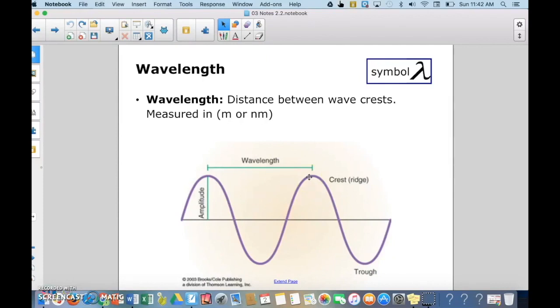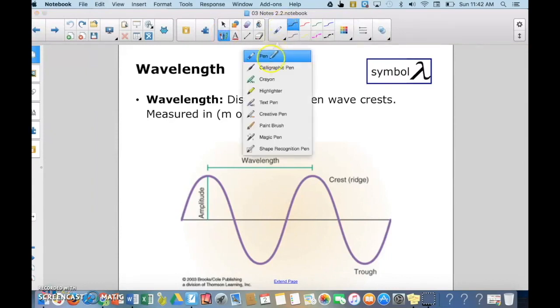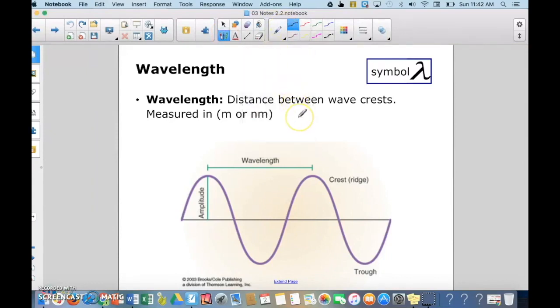As we have seen before, when we're measuring length, we need to use units that are appropriate for length. In this case, they are going to be meters or nanometers. If we talk about nanometers, it's because there might be a case where the wave is very, very small, so measuring that wave in meters makes no sense. We need a smaller unit.